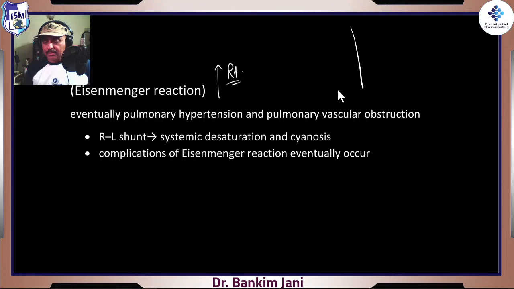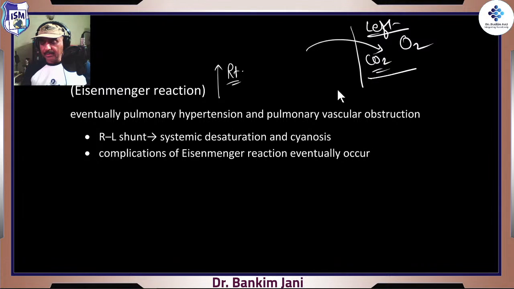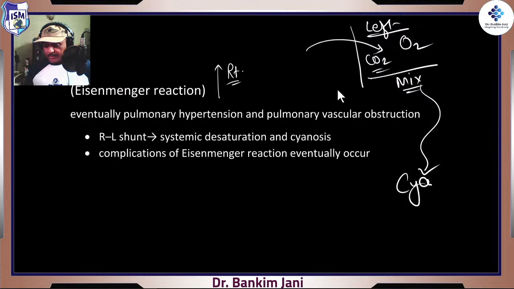Why? Because now on the left side, instead of pure oxygen, what is getting dumped is blood with carbon dioxide, right? So now it is the mixed blood which is circulating, and this mixed blood will lead to cyanosis, right? The bluish discoloration.